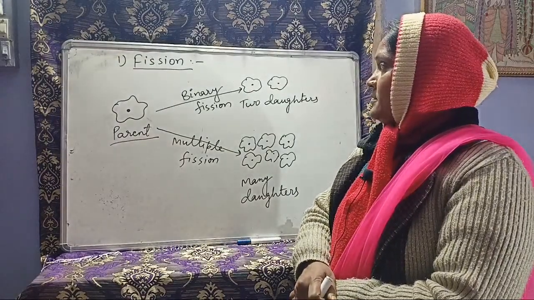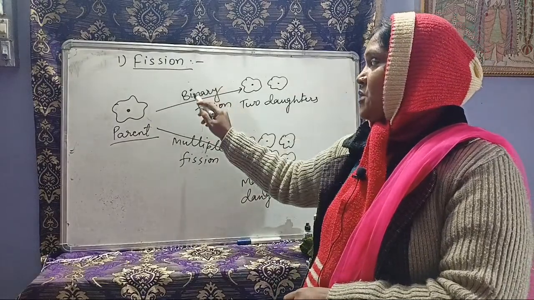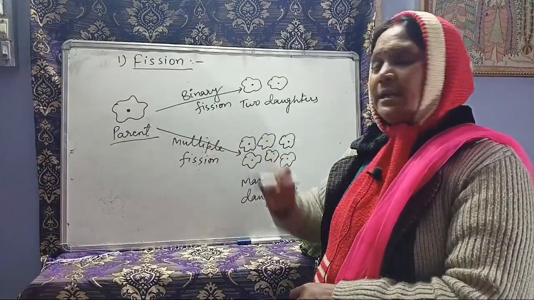Fission is of two types: binary and multiple.